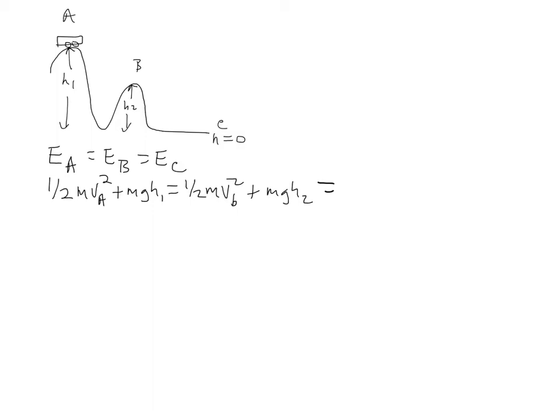Remember that's a relative thing. We could define h equals 0 anywhere we want to. So I'm going to say h equals 0 at C, which means by the time we get to C there'll be no potential energy, mgh will be 0 and it will all be kinetic energy, 1/2 mv_C squared.